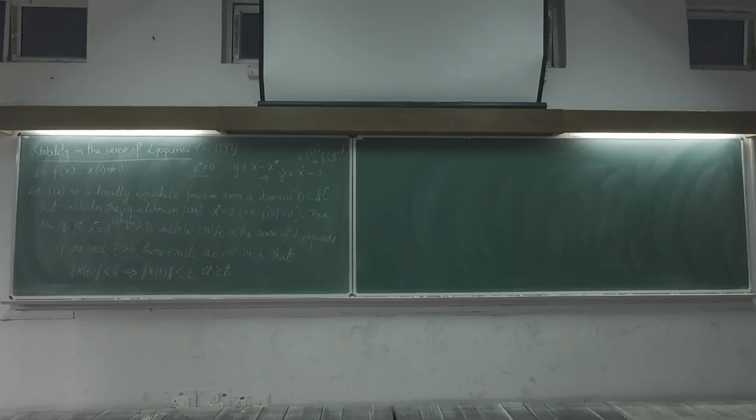If you are fine with all the writing, then you won't face any trouble while reading from the book. Understanding nonlinear control from a book is sometimes difficult because they write mostly in mathematical terms. That's why I am spending so much time writing everything on the board, so that you find it convenient and comfortable.